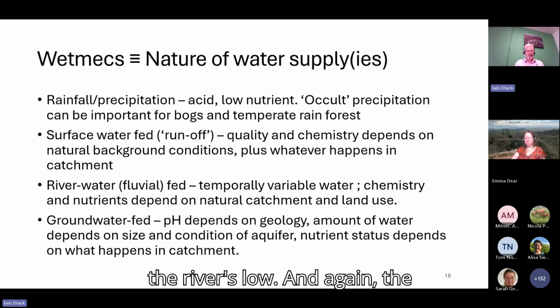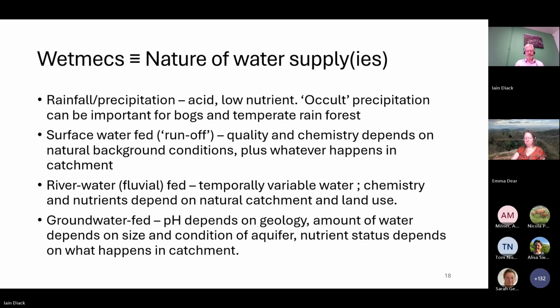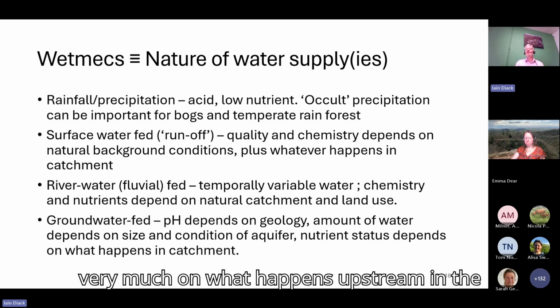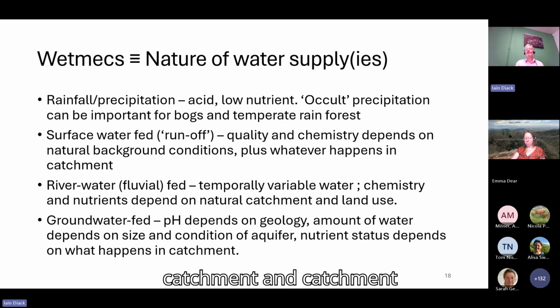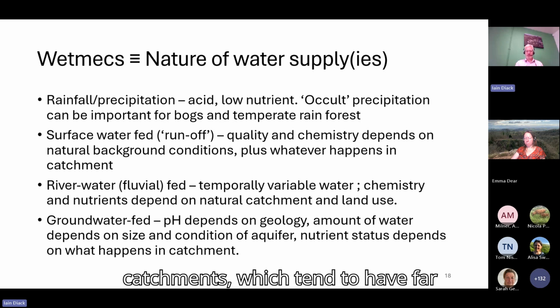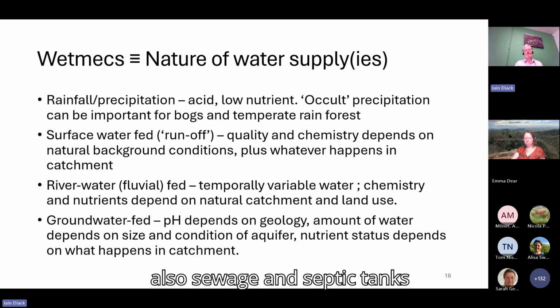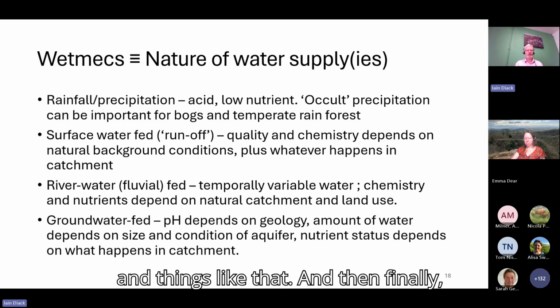The river's low. And again, the chemistry and the nutrients depend very much on what happens upstream in the catchment and catchment land use. So, yeah, hugely variable from, say, upland catchments, very low intensity land use, compared with lowland catchments, which tend to have far more intensive agriculture generally, but also sewage and septic tanks and things like that.